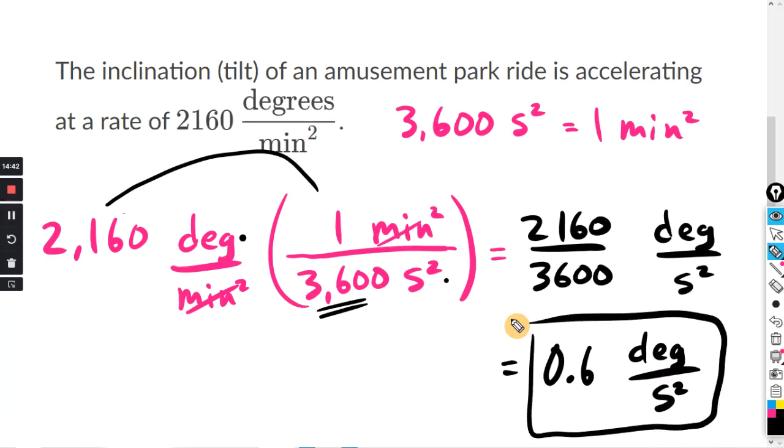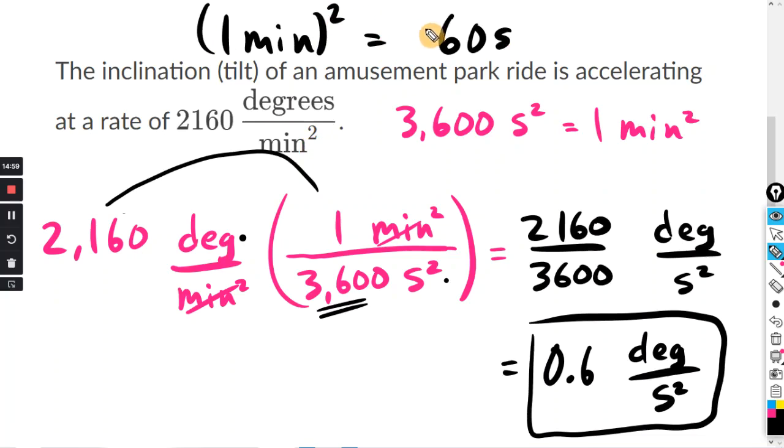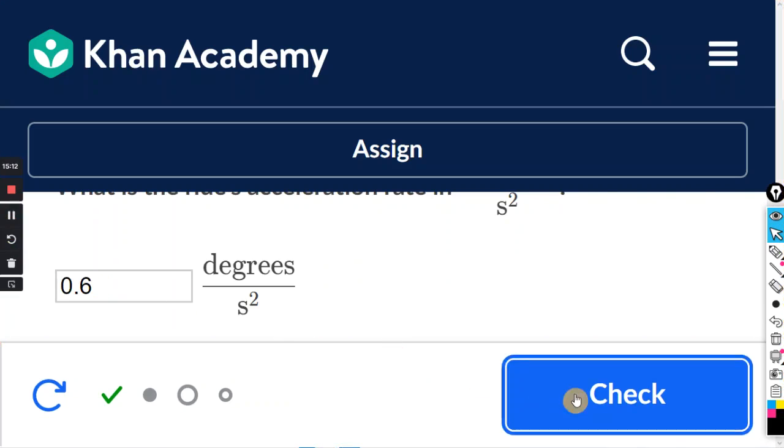All right, so if the units are squared, just make your conversion and then square both sides. So we said 1 minute equals 60 seconds, but we wanted to convert minutes squared to seconds squared. So just square both sides of the equal sign. And don't forget to square both the number and the units. All right, anyhow, the answer is 0.6. Okay, right in the box.